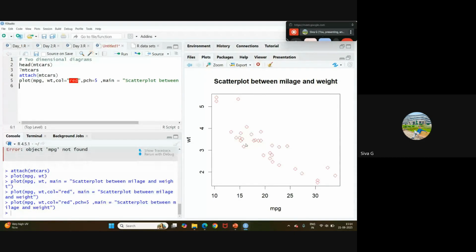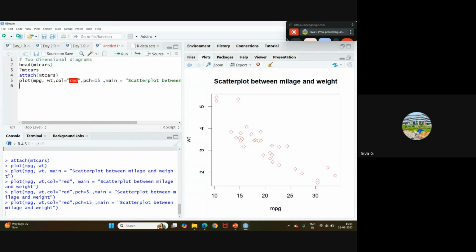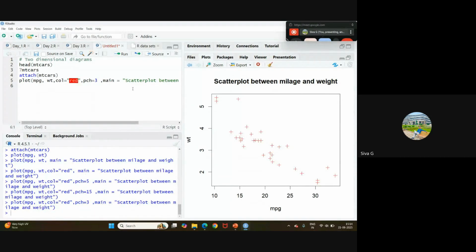If I run this, it becomes diamonds. Or let us say I will go with 15. If I give the PCH value 15, it becomes a square box filled with red color. Let us say we'll go with 3. Yeah, we got the plus symbols. So however you want, you can represent your data points by giving the PCH values from 1 to 25.